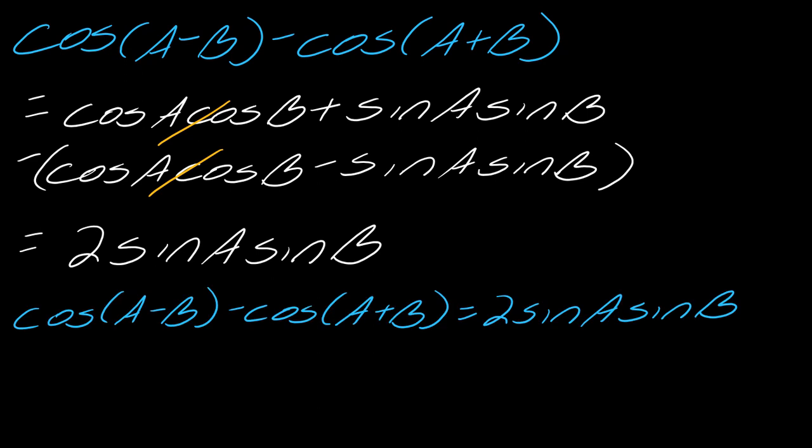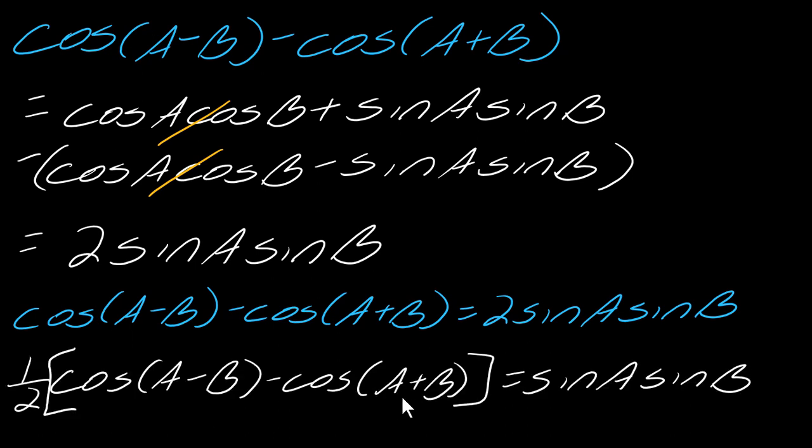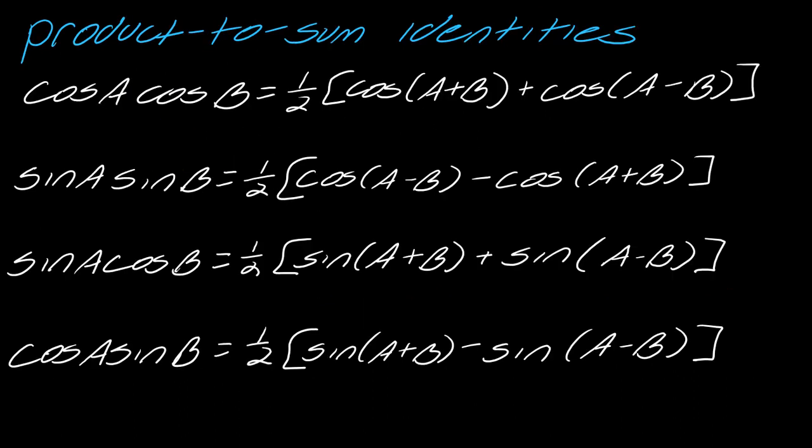I can think of my identity as you see here, or I could divide both sides by 2, and now I get something that looks like this equals sine A sine B. So there are a lot of different ways that you can look at this. These are identities where I feel like you don't necessarily need to memorize them because you can really figure them out pretty quickly on the fly.